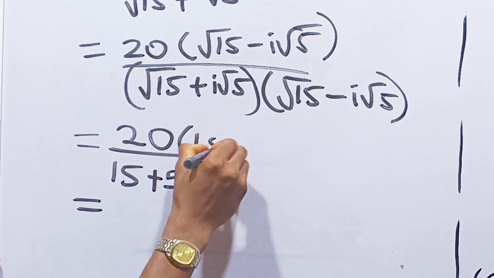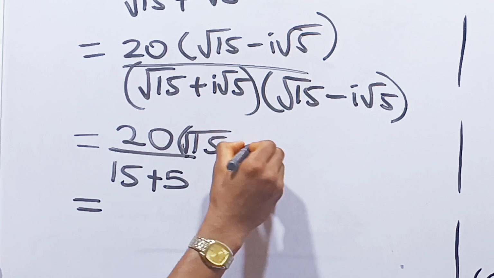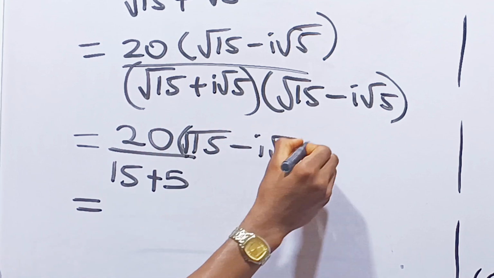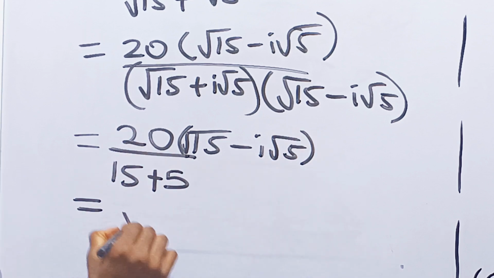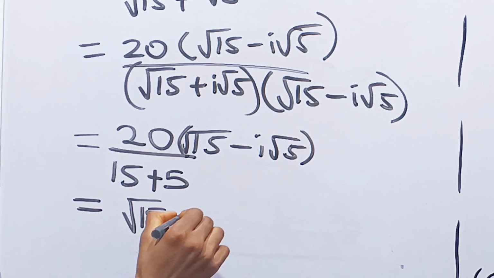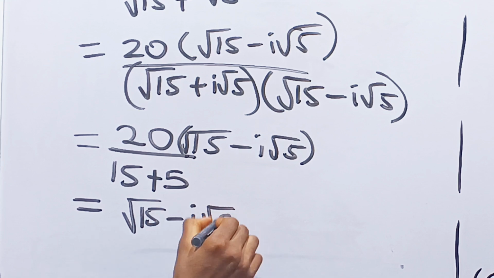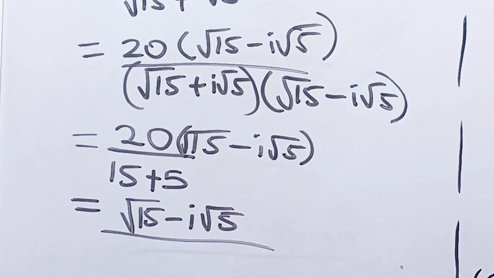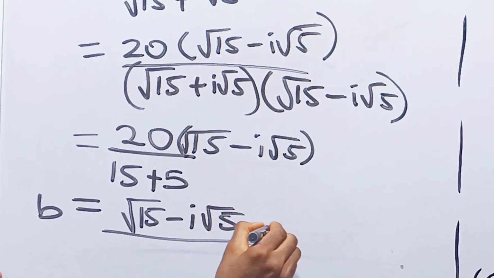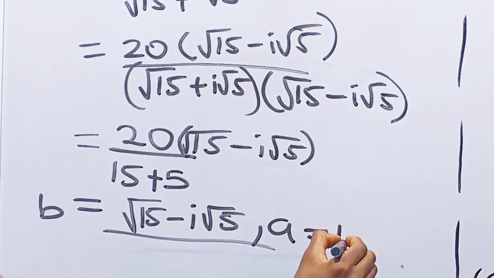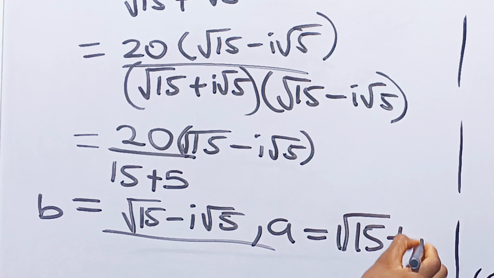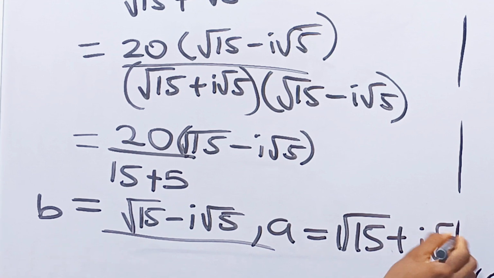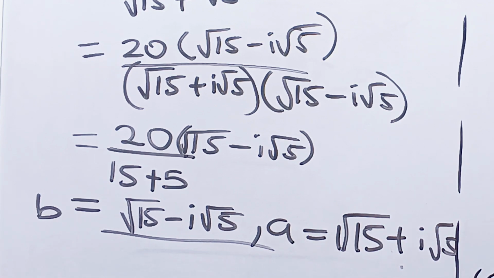So let's write this back. This becomes equal to 20 divided by 20, which is 1, so you have root 15 minus i root 5. So it's given that when a is root 15 plus i root 5, b becomes equal to root 15 minus i root 5.